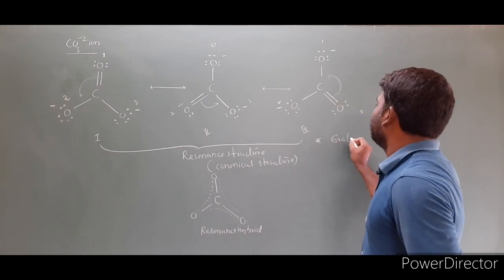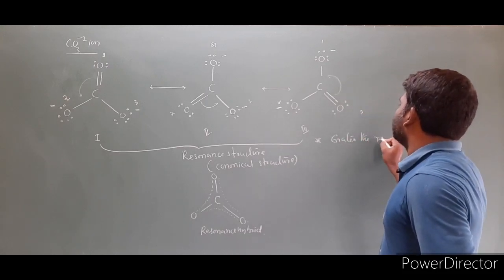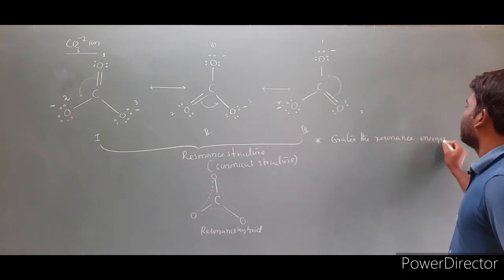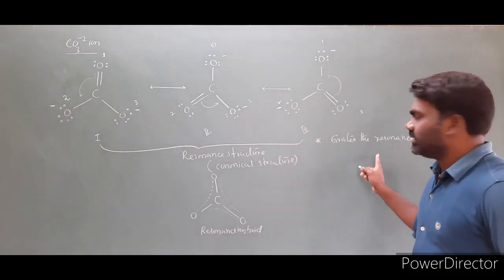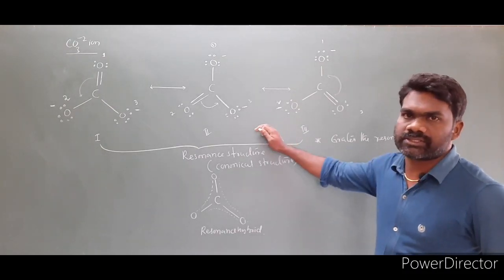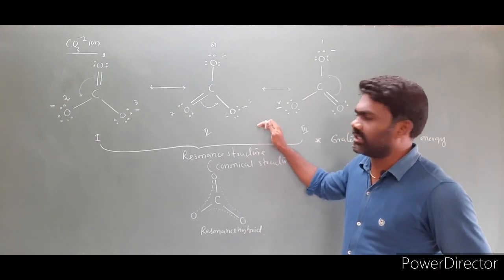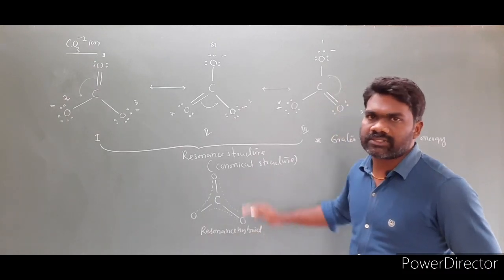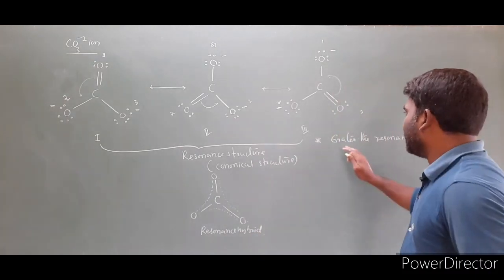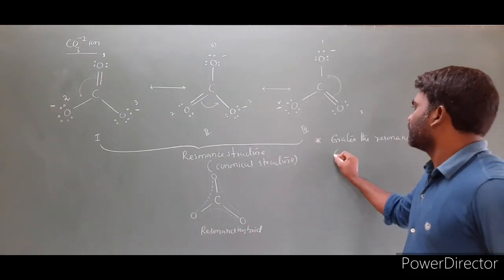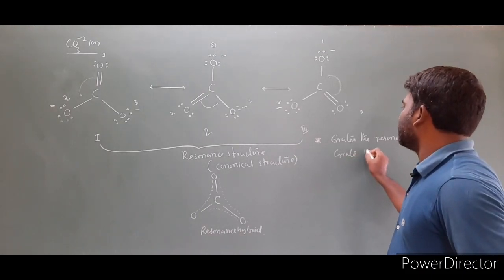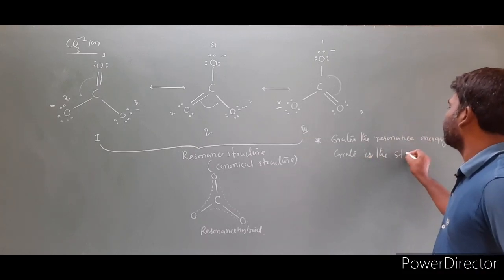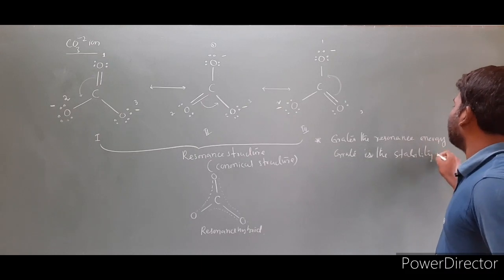I gave a definition for resonance: it is the difference between the energy of the resonance structures, taking one more stable structure, and the energy of the resonance hybrid. This energy is called the resonance energy. Greater the resonance energy, greater is the stability of the molecule.